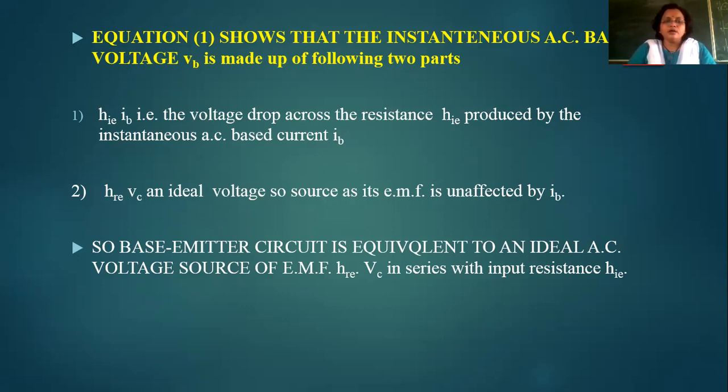And the second part is HRE into VC, an ideal voltage source as its EMF is unaffected by IB. So, the base emitter circuit is equivalent to an ideal AC voltage source of EMF HRE into VC in series with the input resistance HIE.